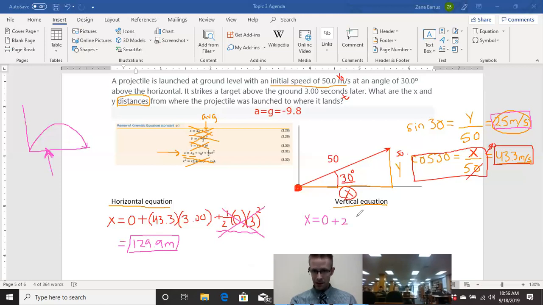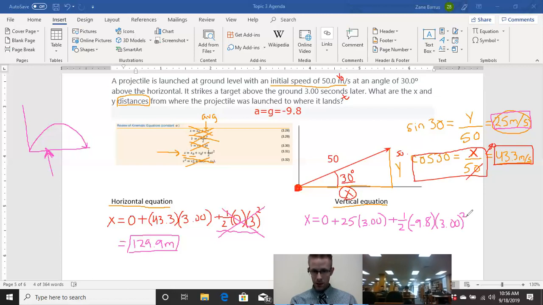So 25 times our time, which hasn't changed. That's still 3 seconds. Okay, and then I'm going to add on to that 1/2 times g, since that's our acceleration, so negative 9.8, times my time squared. So times 3 seconds squared.